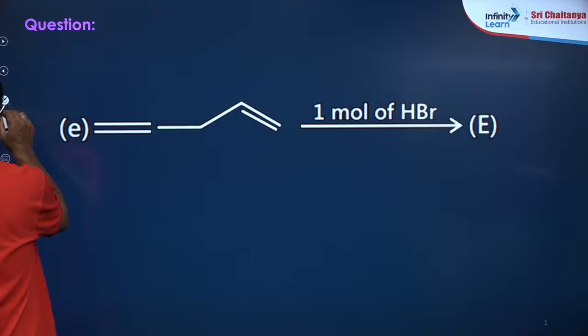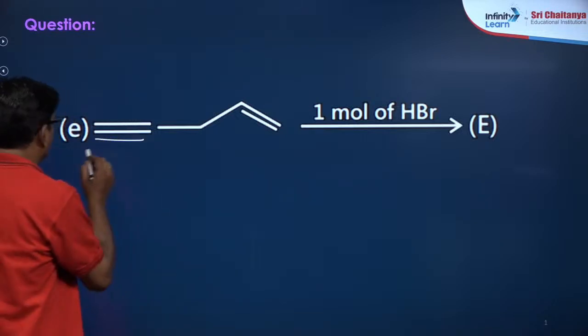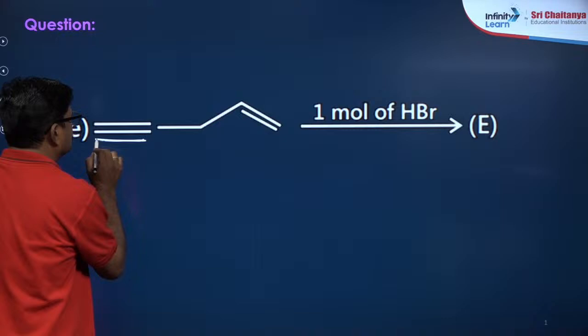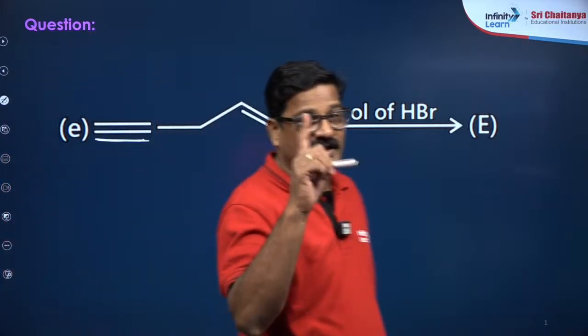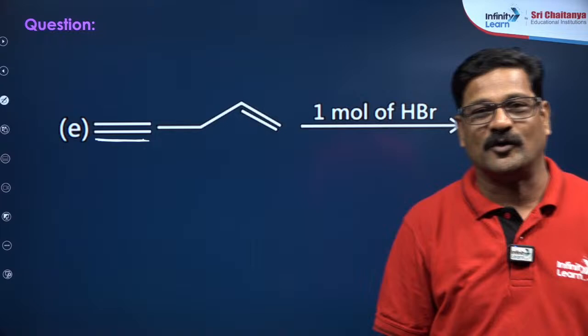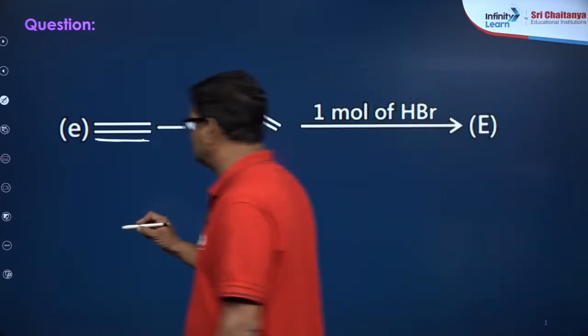Who can give you the answer here? It is a triple bond. 1 mole of HBr, only one molecule will be given to you. If 1 molecule of HBr is reacted with, what is this?